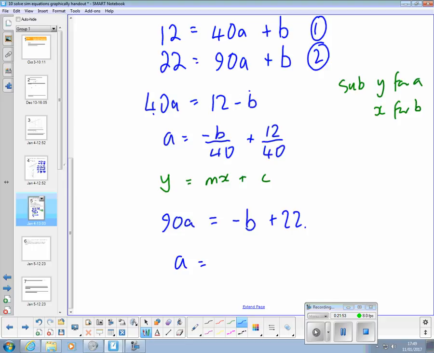So we got a is equal to minus b over 90 plus 22 over 90. Correct. Then now in standard linear form, the slope here being minus a 90th, and the slope there being minus a 40th. Then you enter them in the graph and get the value of the constants a and b. You're going to have to substitute y for a and x for b.